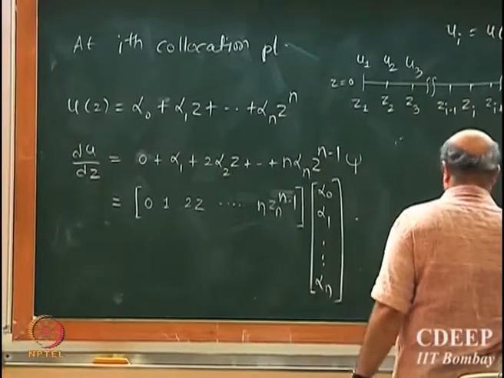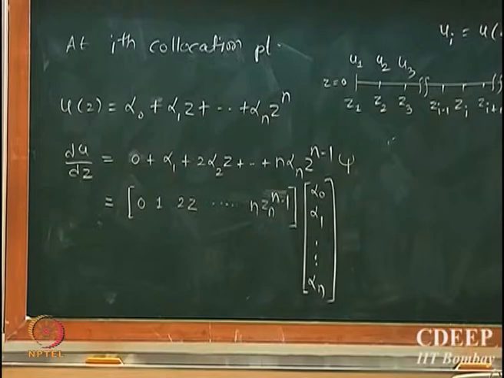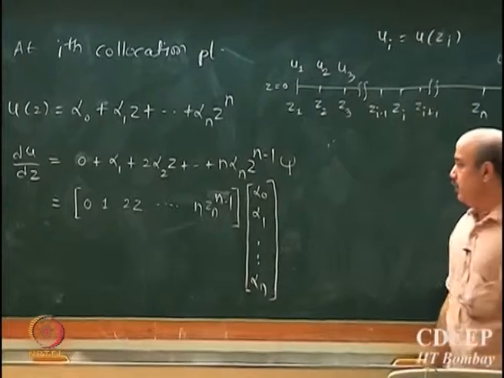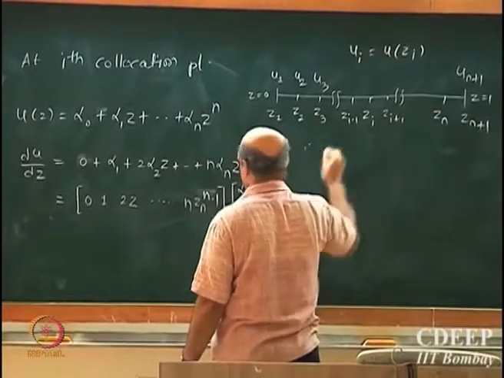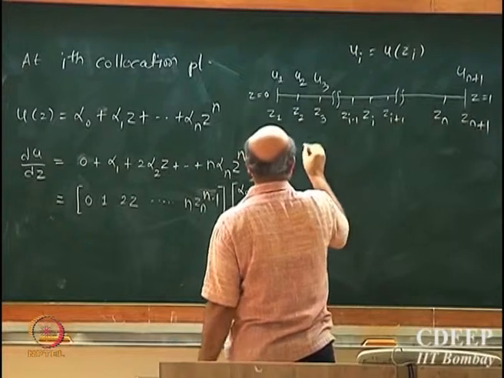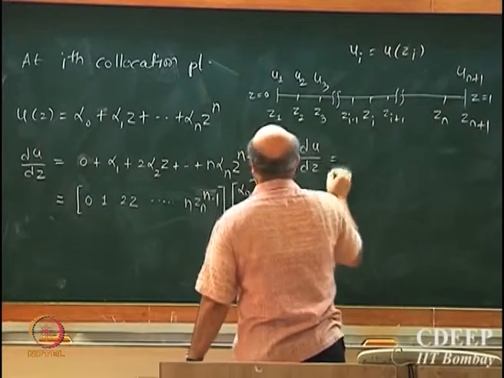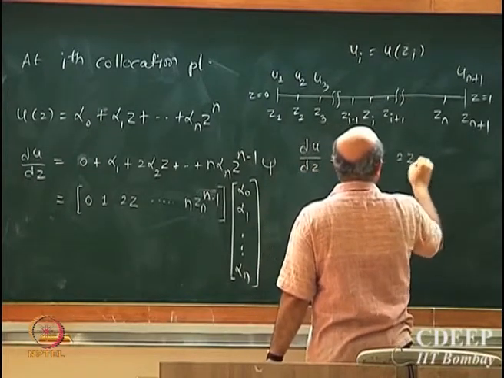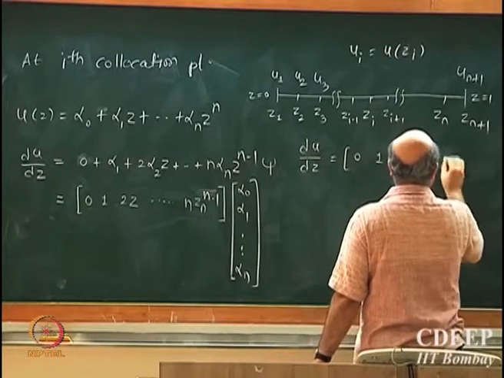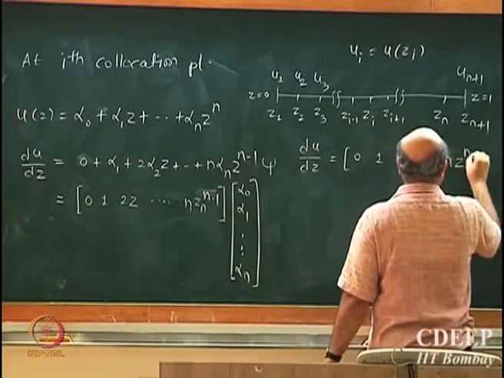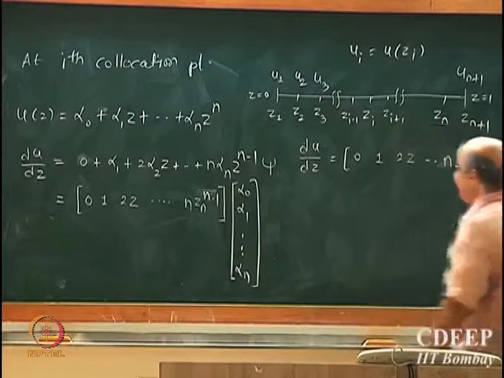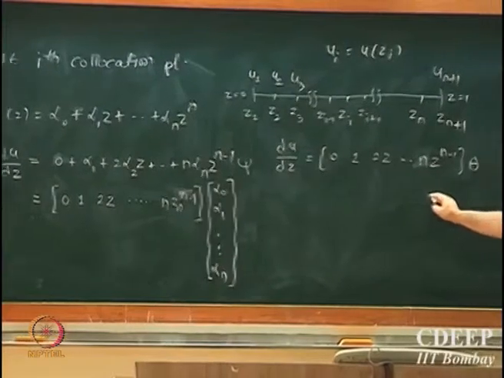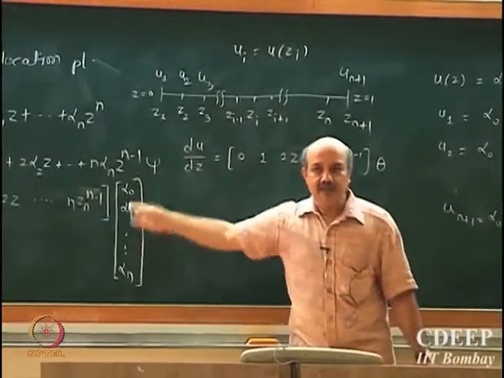So this du/dz is equal to 0, 1, 2z, up to n z raised to n minus 1, into theta. Do you agree with me? Because this is the theta vector.